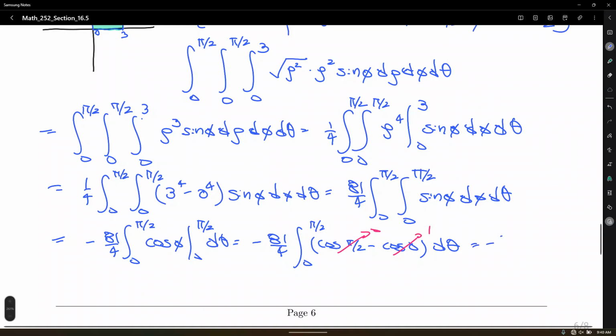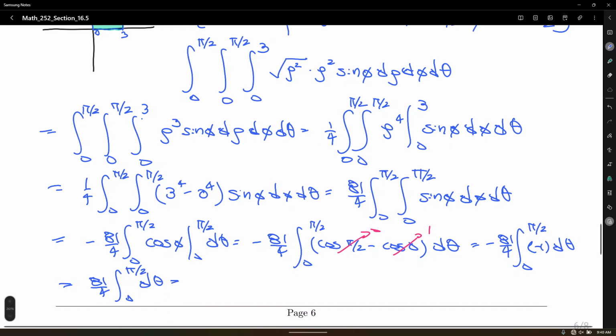That equals negative 81/4 times the integral from 0 to pi over 2 of negative 1 d theta. Negative times a negative is positive. That's 81/4 times the integral from 0 to pi over 2 of d theta.